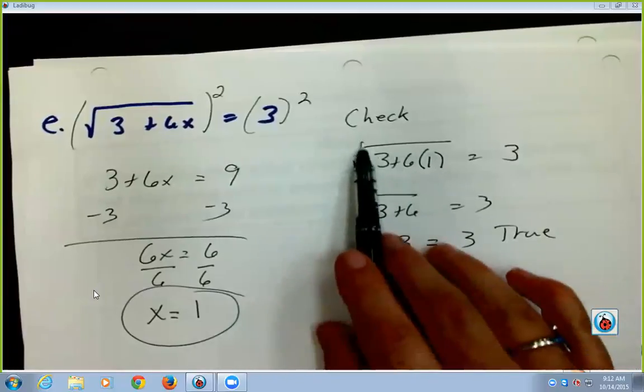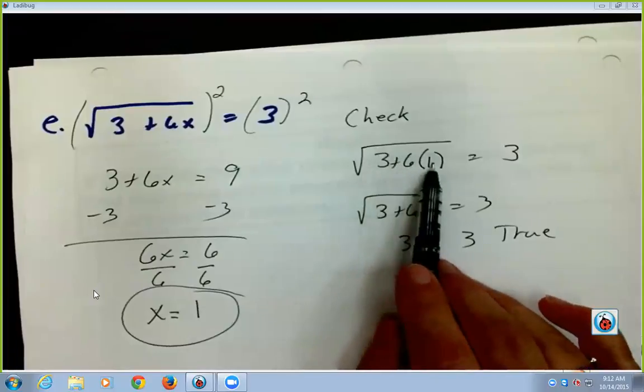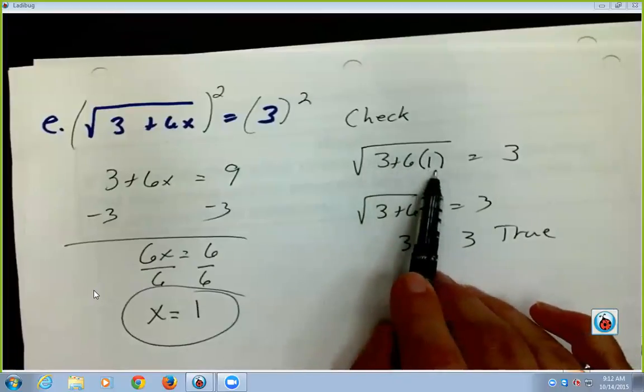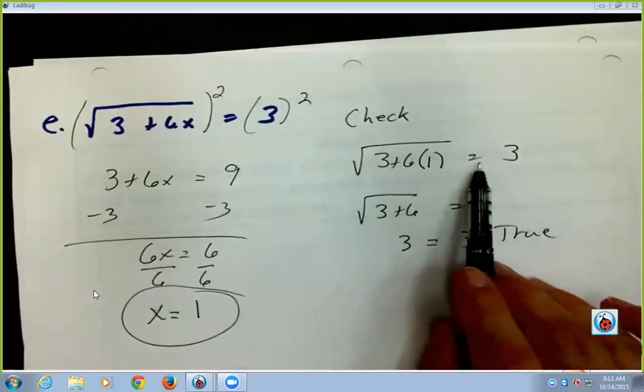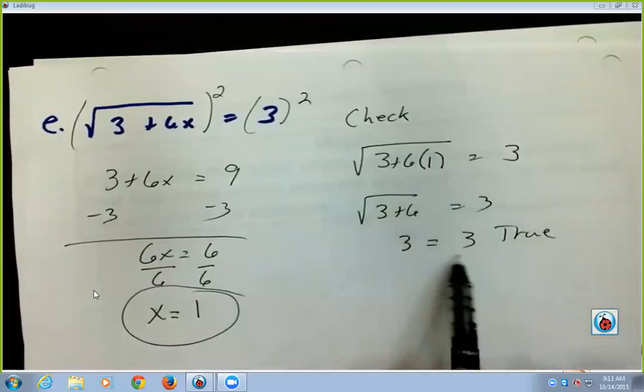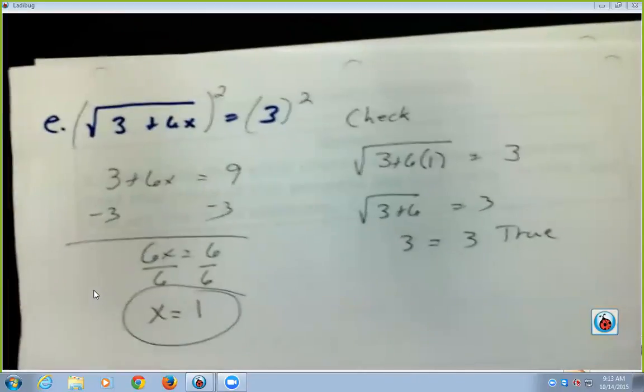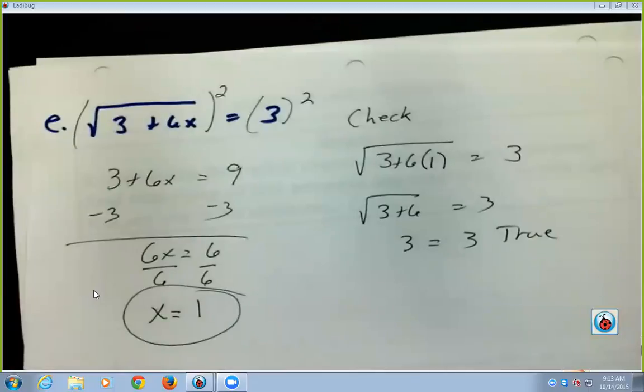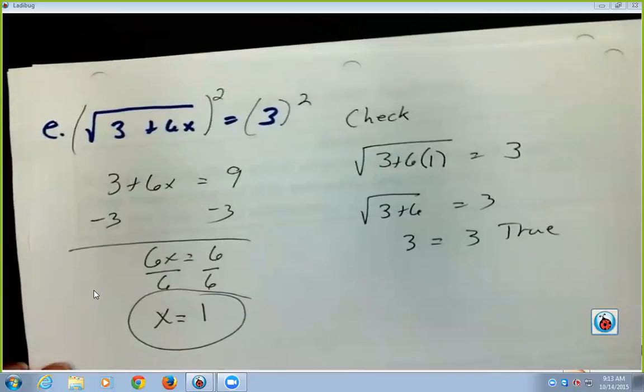So I would put my radical, parenthesis, 3 plus 6 times 1, close it with a parenthesis, and see if it equals 3. And if it equals 3, you're good to go. Okay? So you can do your check on your calculator, and that helps you out with those. So do check them so that you make sure that you end up with what you're supposed to.